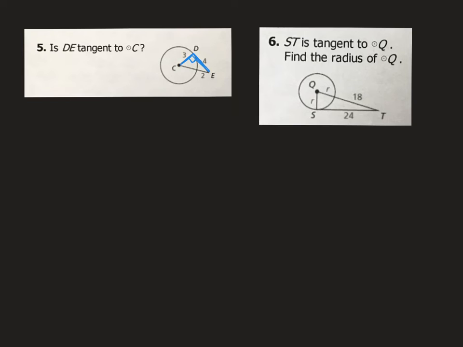Well, our radius is 3, DE is 4, and from this point on the circle to E is 2. Well, from C to that point on the circle is a radius. If this radius is 3, this radius has to be 3, which is going to make this whole side CE 3 plus 2, or 5.